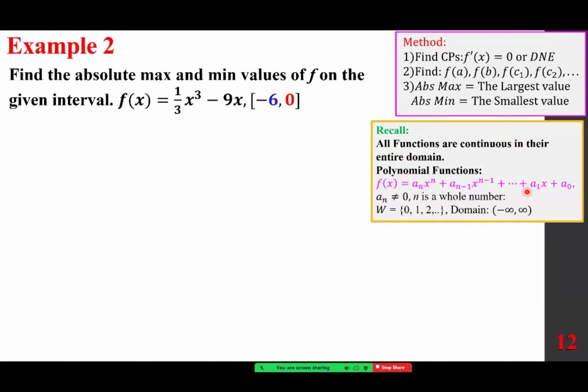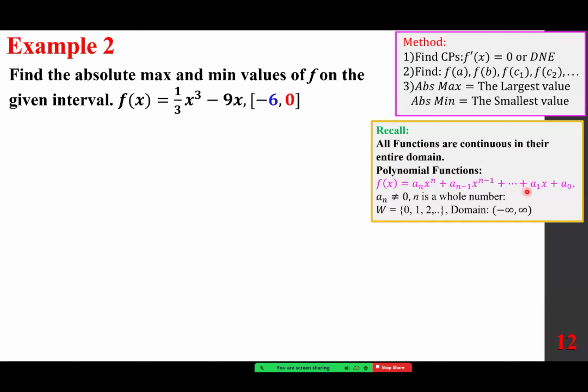Okay. Now, what are we dealing with here? We are dealing with a polynomial of degree 3. Therefore, it has a domain of all real numbers. It's continuous from negative to positive infinity, which makes it continuous in the given interval.